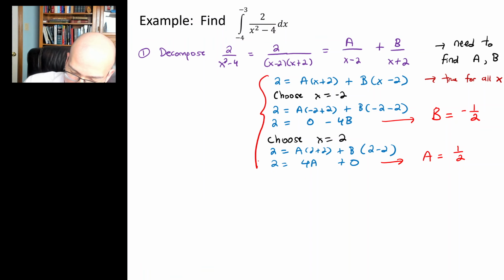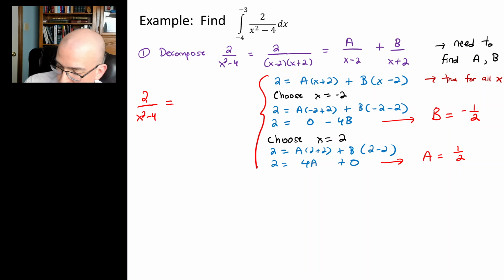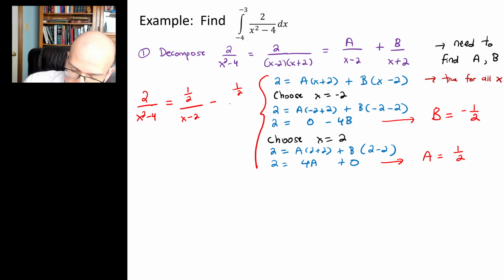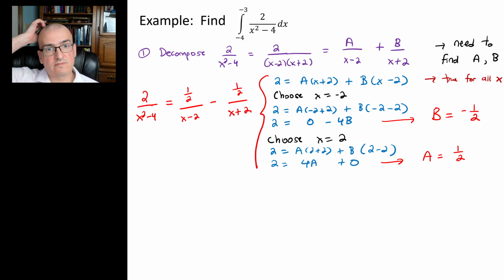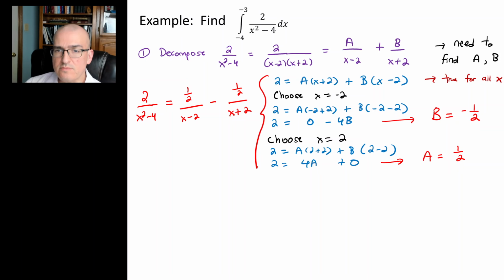So we can conclude that 2 over x squared minus 4 is equal to 1/2 divided by x minus 2 minus 1/2 divided by x plus 2. Making sure we put the right coefficient over the right part according to how we labeled it above. Yeah, it looks weird with the 1/2 that way, but it's fine. It's just a number. You can put 0.5 if it bothers you.